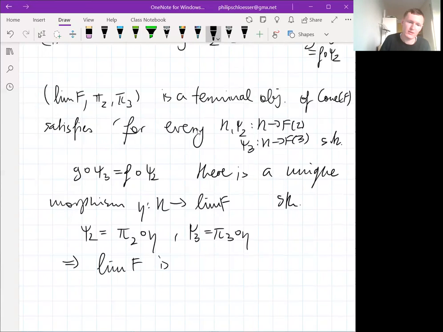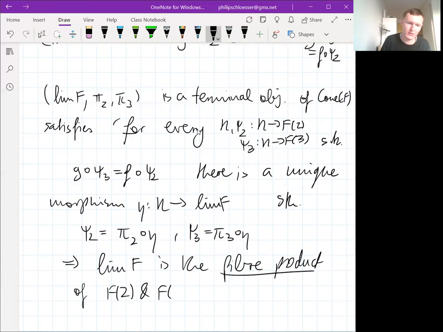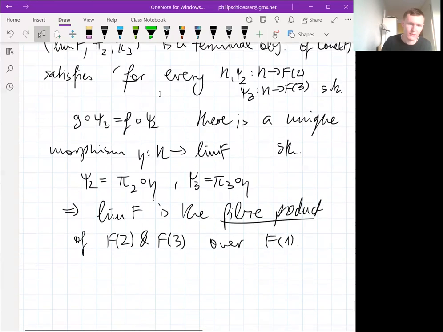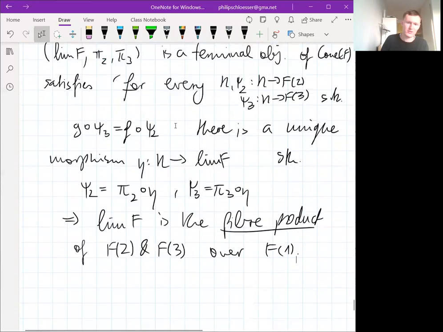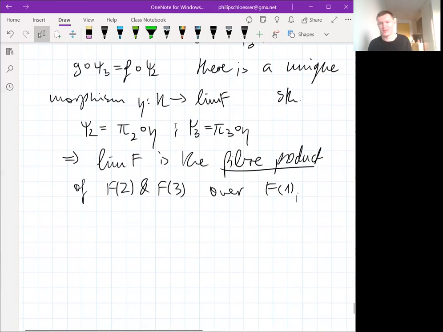Lim F is the fiber product of F2 and F3 over F1. And if you use the dual or the opposite category, then you get the fiber co-product.